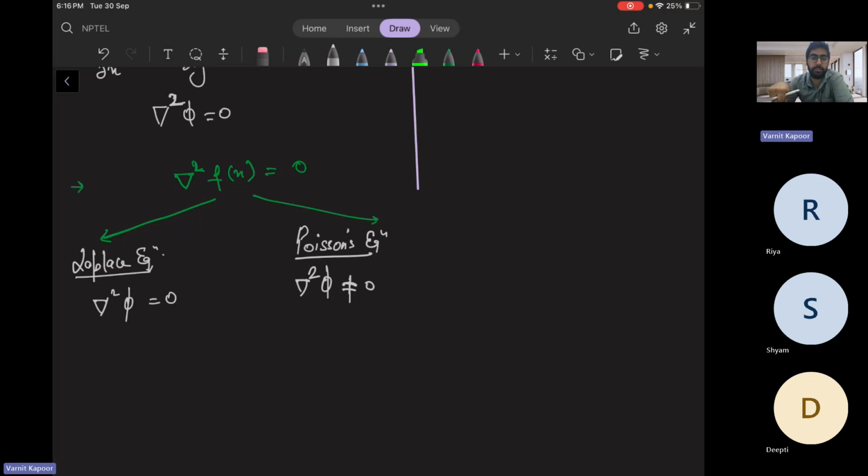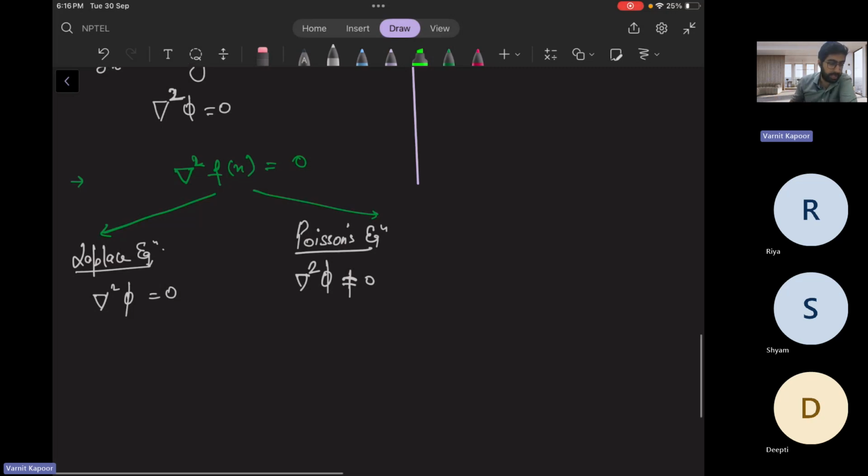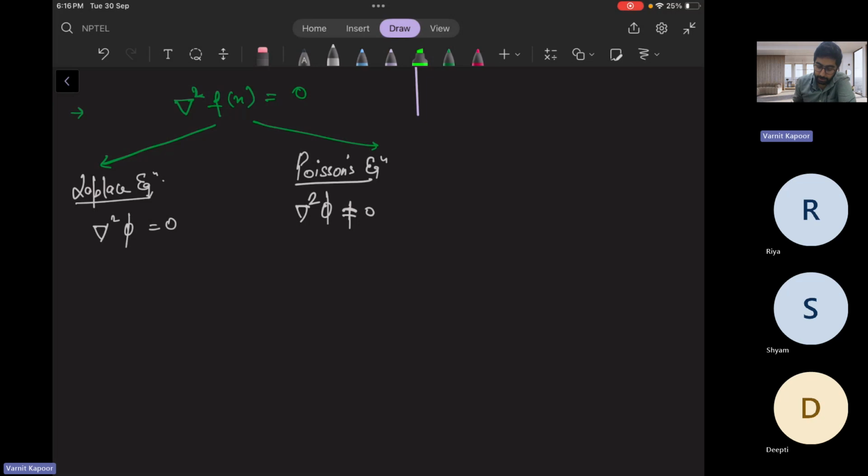If, as per Poisson's equation, phi doesn't exist, that means rotationality is there in my flow. But when I say my Laplace equation, del square phi is 0, that means my flow is irrotational and it satisfies the Laplace equation. So we can say that phi is defined only for irrotational flow.